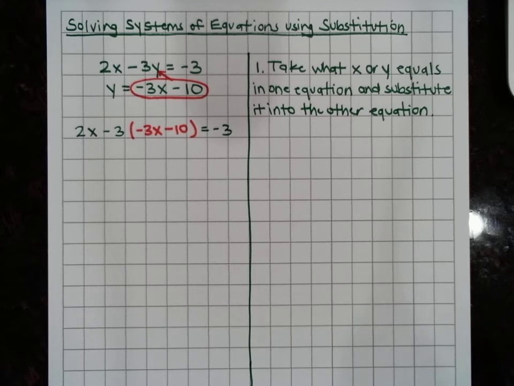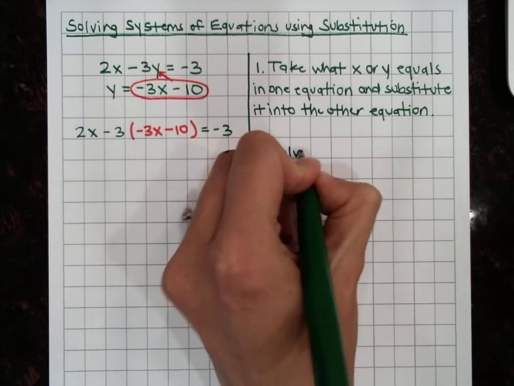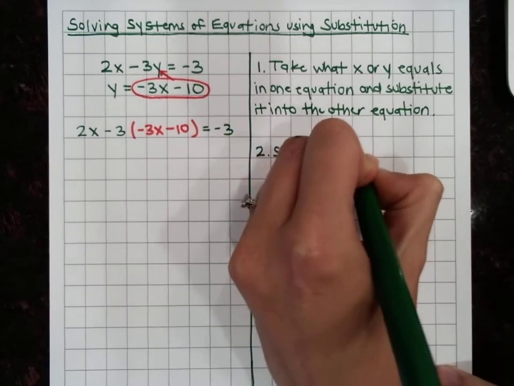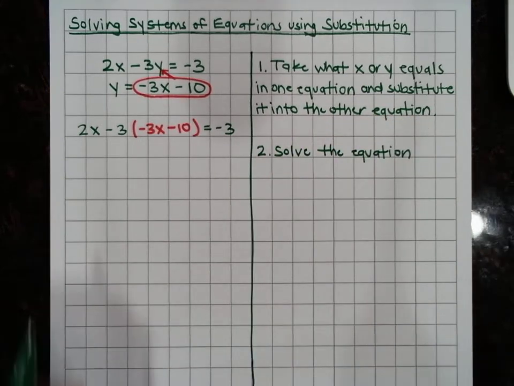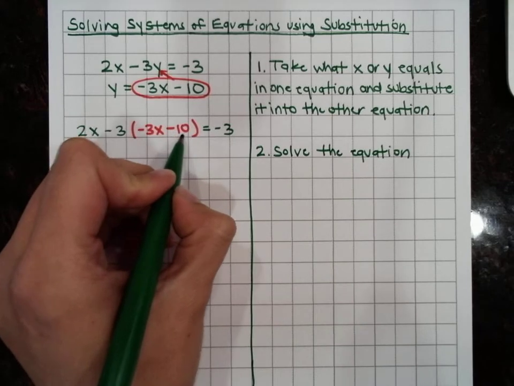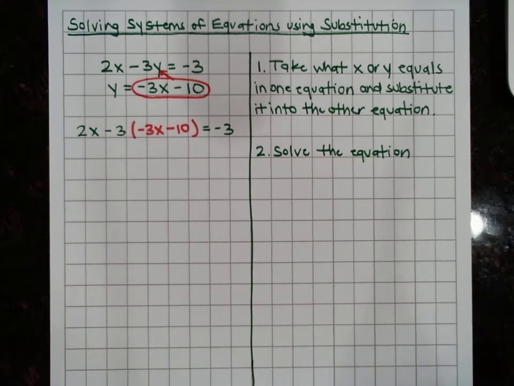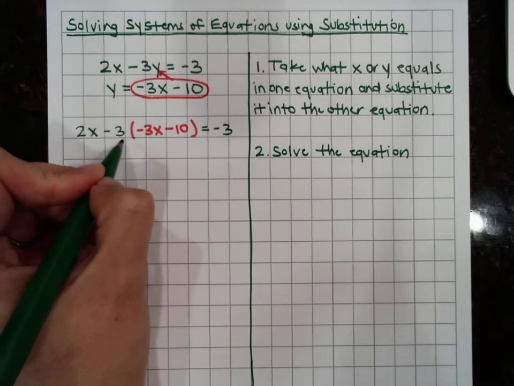And so now we just solve the equation. So we have 2x minus 3 times negative 3x minus 10 equals negative 3. So you've got to follow the order of operations. So PEMDAS, we have to do our parentheses first, which means we need to distribute.